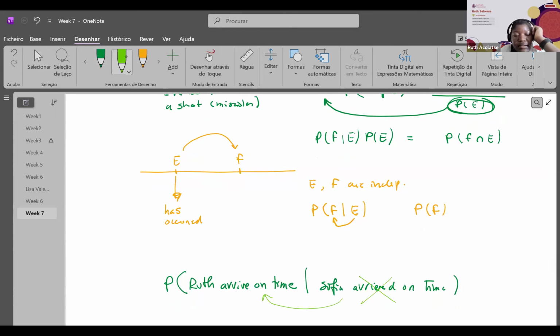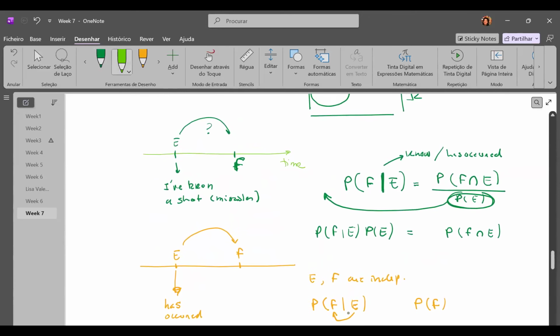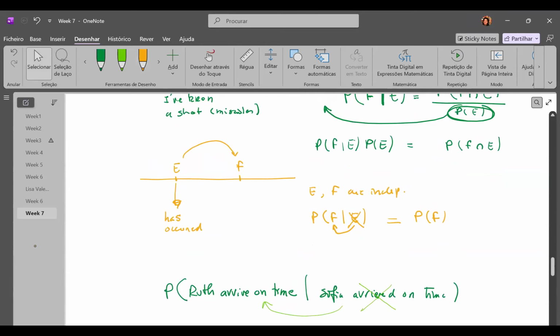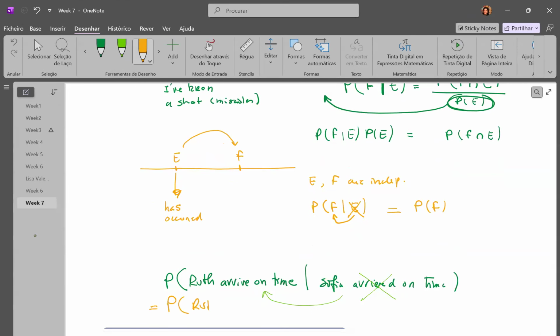Yes. And so you would say here, listen, if they are independent, this event E has no impact on F. So this conditioned probability is equal to this. Do you agree, Ruth? Yeah. Like here, you would tell me, listen, the probability that I arrive on time is completely independent of whatever you are doing in Lisboa. It has no business in my life, right? Yes.